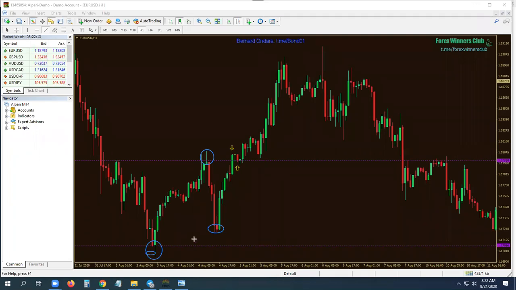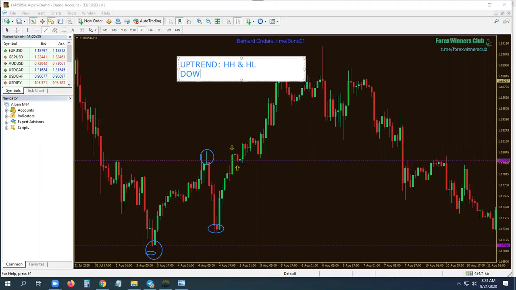An uptrend. Now remember, in an uptrend, you will only see the market making higher highs and higher lows. In a downtrend, you will see the market making lower highs and lower lows.